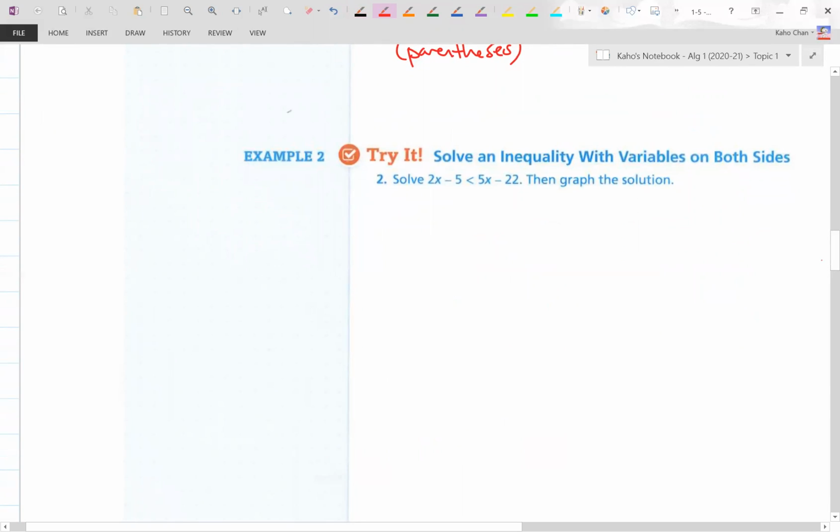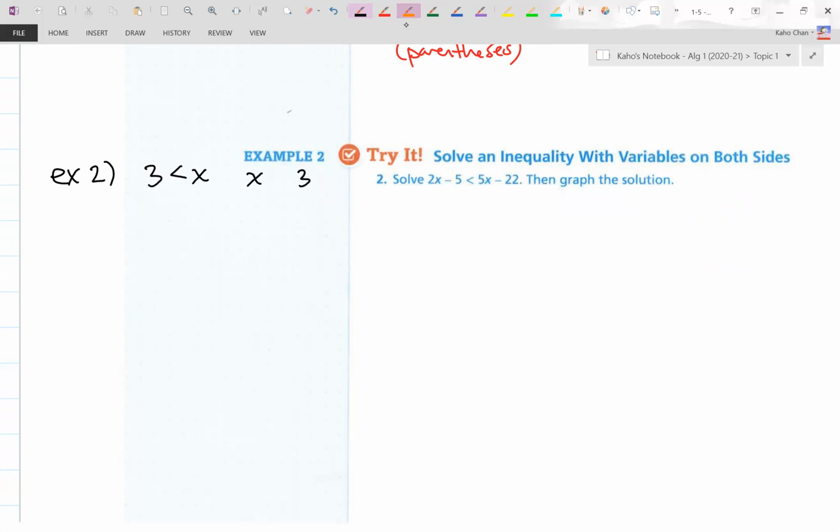Now, I didn't want to jump into something like this before I presented what would happen if your variable is on the wrong side. Let's say we have 3 is less than x. You don't say it that way. You normally say x first. Here's the weird part. Like a mirror image, if you exchange the 3 and the x, the symbol also changes direction.